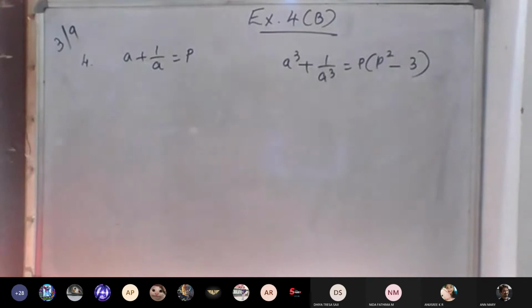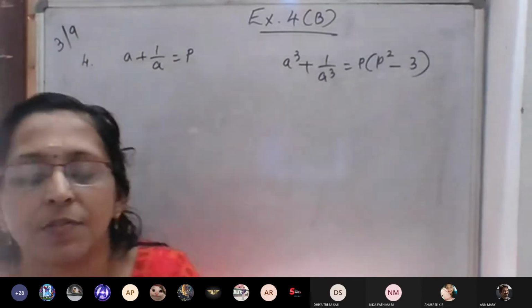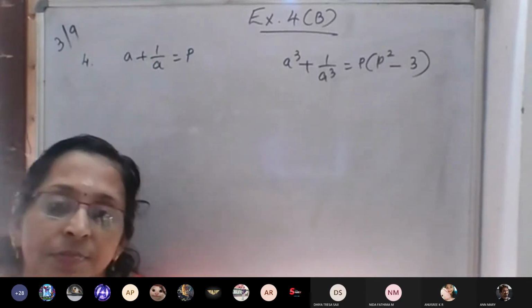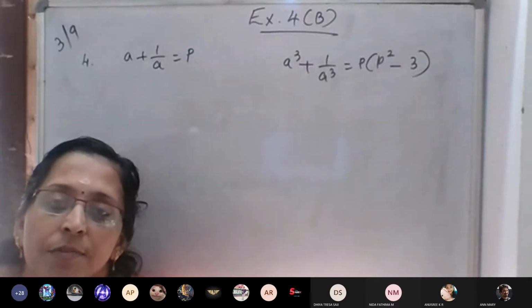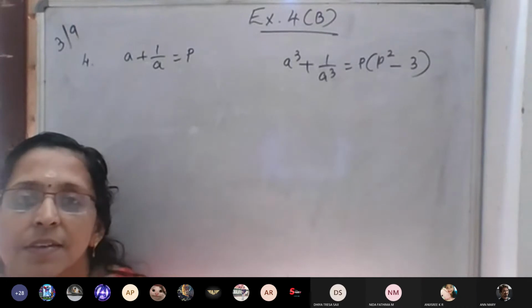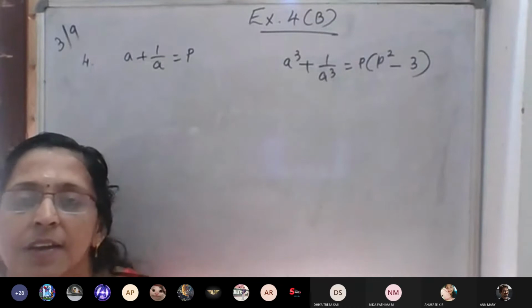So what we have to do? We have a plus 1 by a is equal to p. Don't write anything. First write the question and listen. Please respond. While seeing that question, what do you feel? What we have to do? Think of that.